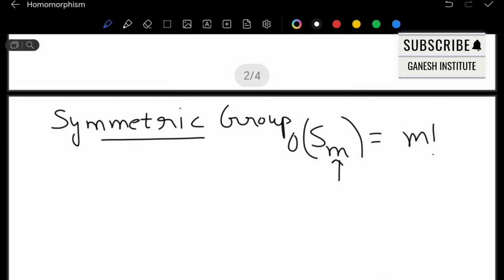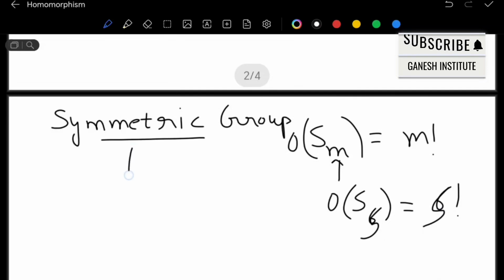The number of elements is the factorial of the cardinality. For example, the order of S6 is 6 factorial, and the order of S5 is 5 factorial.